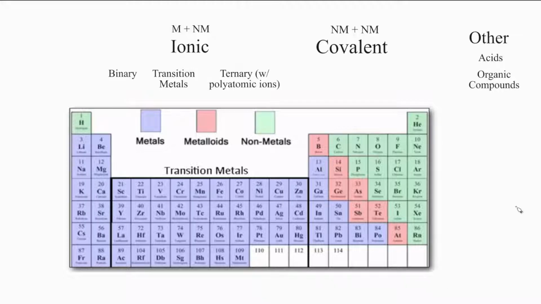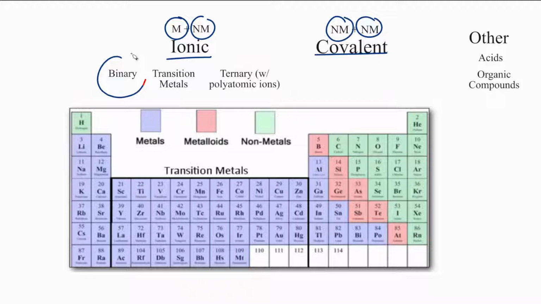So if you've been watching my streams, you're real familiar with this here. Metals and nonmetals. The way we decide how to name chemical compounds is if we have a metal and a nonmetal, it's going to be ionic. If we have a nonmetal and a nonmetal, it's covalent. With ionic, there are three different flavors, and each has its own rules for naming.